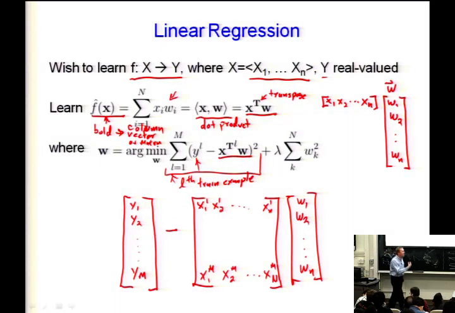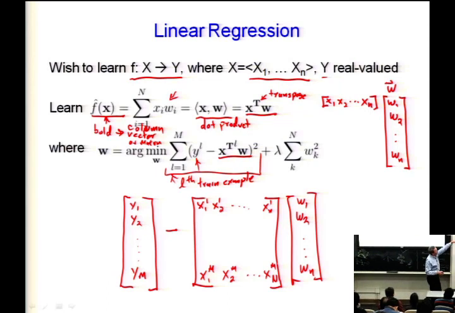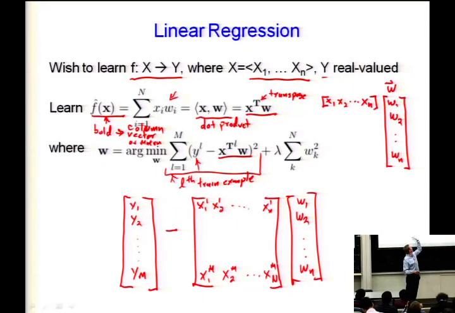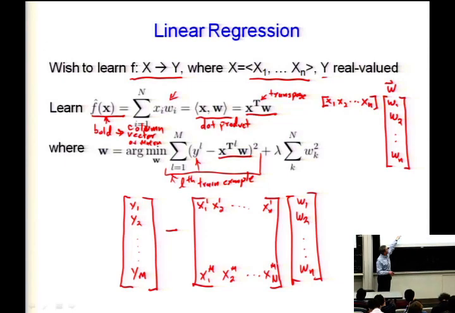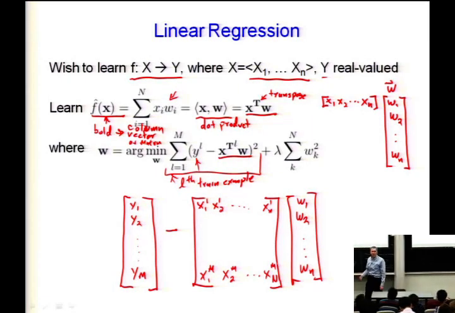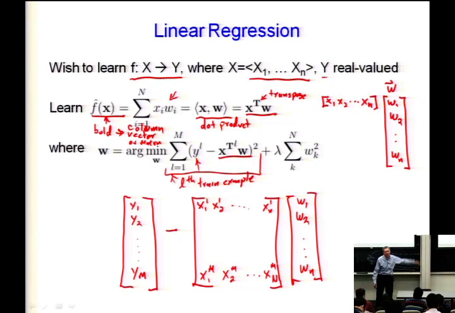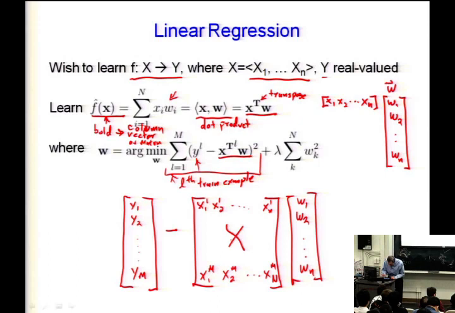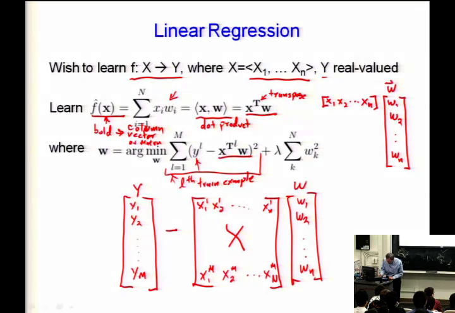So each row here is just one of my training examples. The dot product of the weight vector with row i will give me a single number, which I hope will be equal to the y that the training example said it should be. Okay, so it's just a way of writing this. I'm going to call this matrix X for obvious reasons, this vector Y, and this vector W.